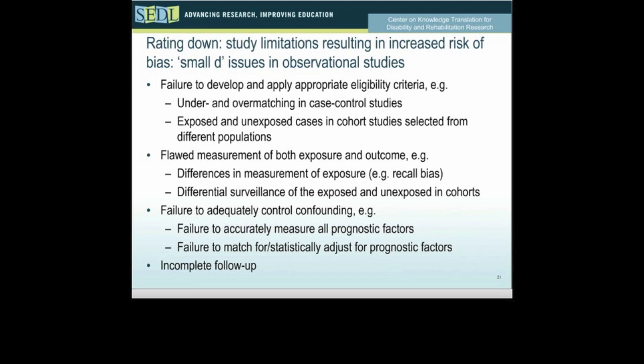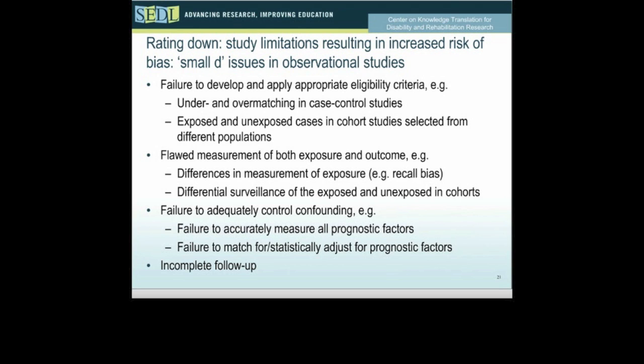In cohort studies, getting your exposed and unexposed cases not from exactly the same population. Flawed measurement of exposure and outcome. Recall bias in measurement of exposure, stuff like that. And then failure to adequately control for confounding.